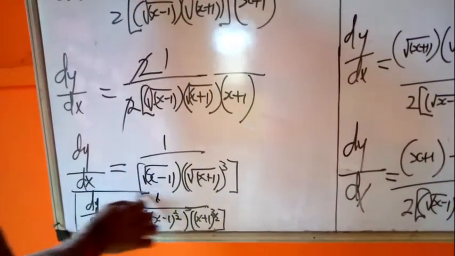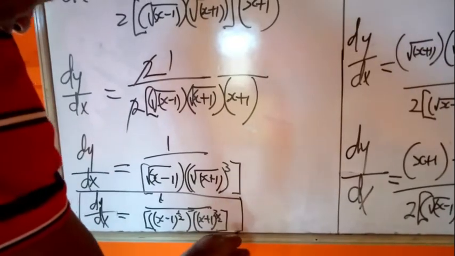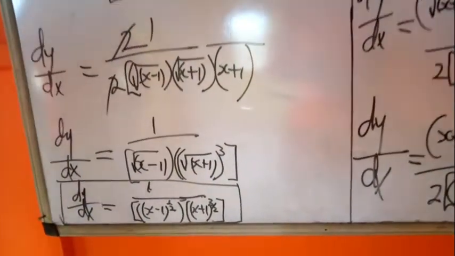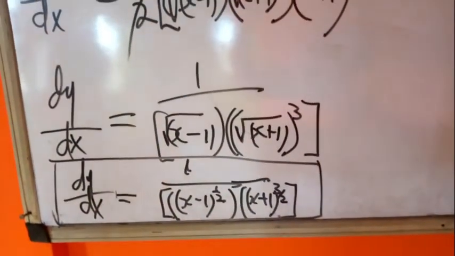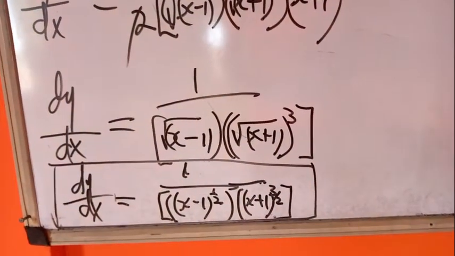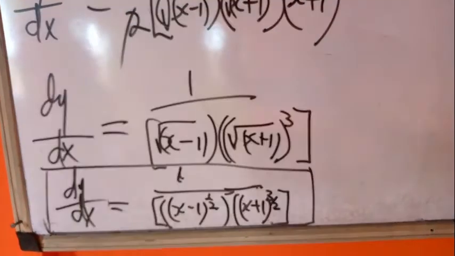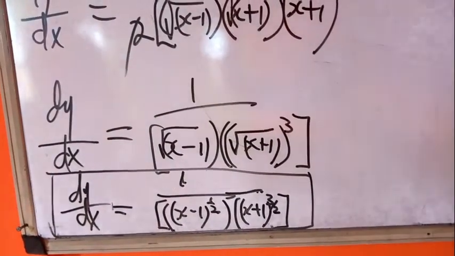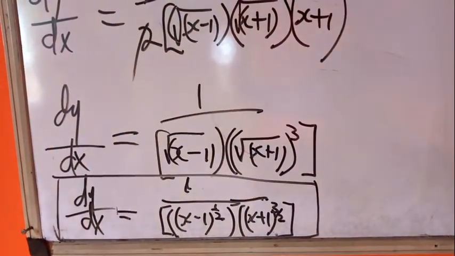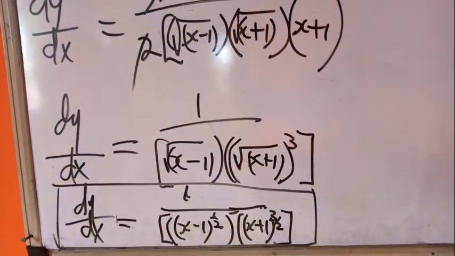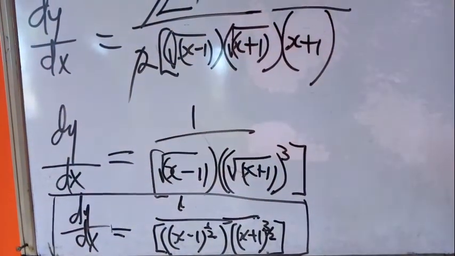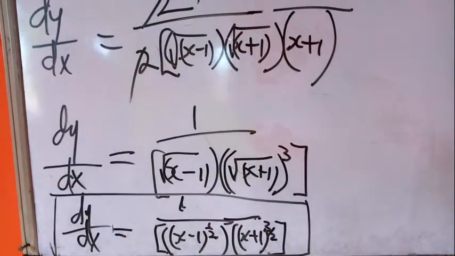So this is our final answer. So our final answer is dy dx is equal to 1 all over x minus 1 raised to power half into x plus 1 raised to power 3 over 2.